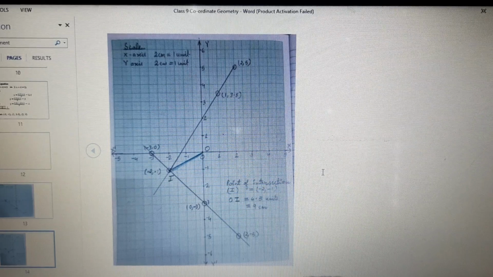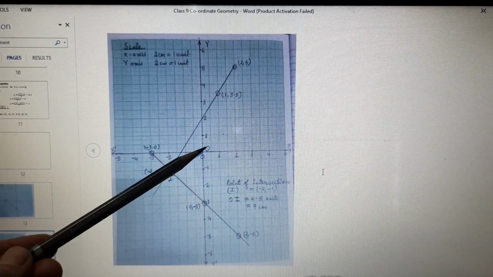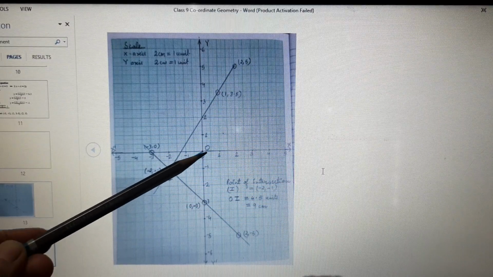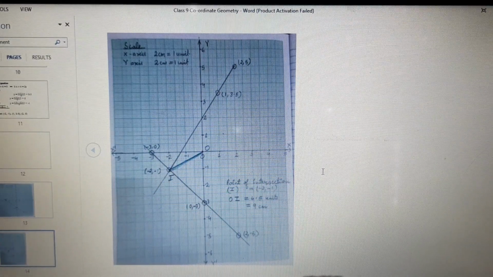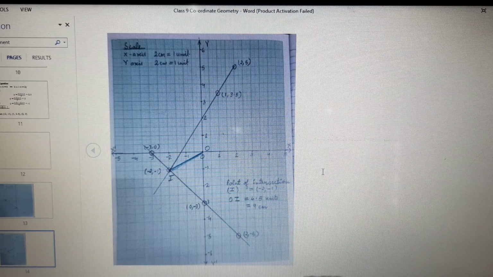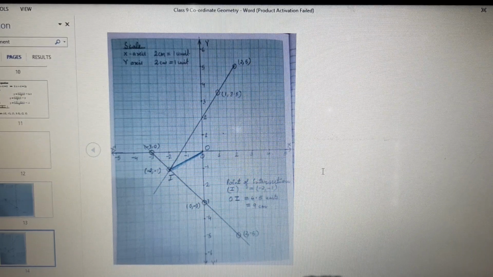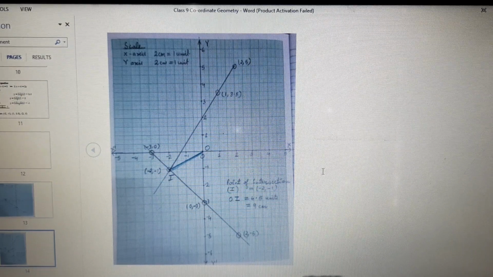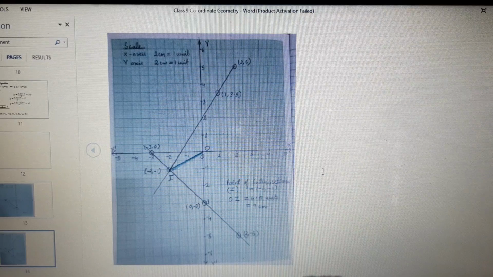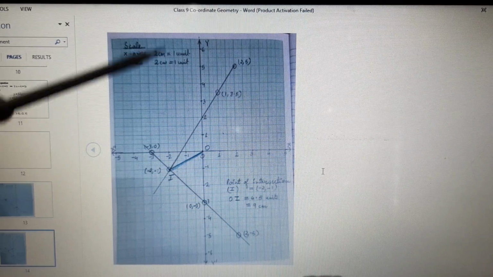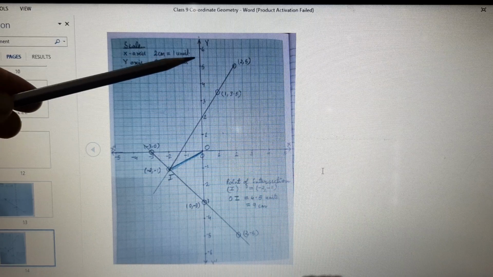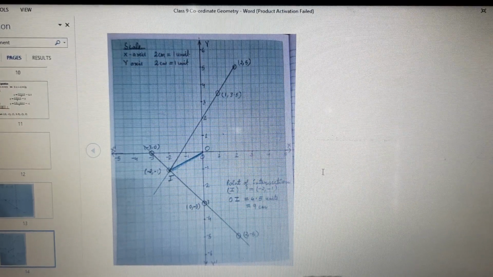Fine. Now they have asked what is the distance between the origin and the point of intersection. So you can see this blue line. You have to measure this with the scale. When you measure it, it will come 4.5, but they have asked in centimeter. And the scale of the graph paper is what? 2 centimeter is equal to 1 unit, means 2 blocks is equal to 1 unit.